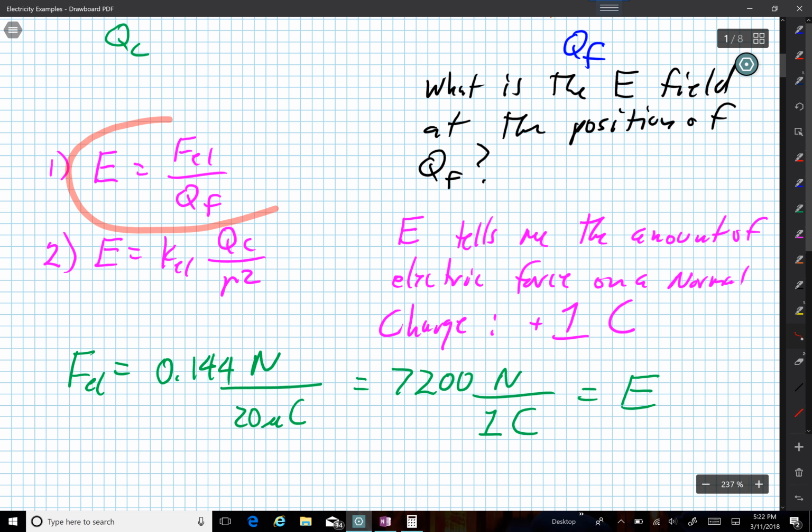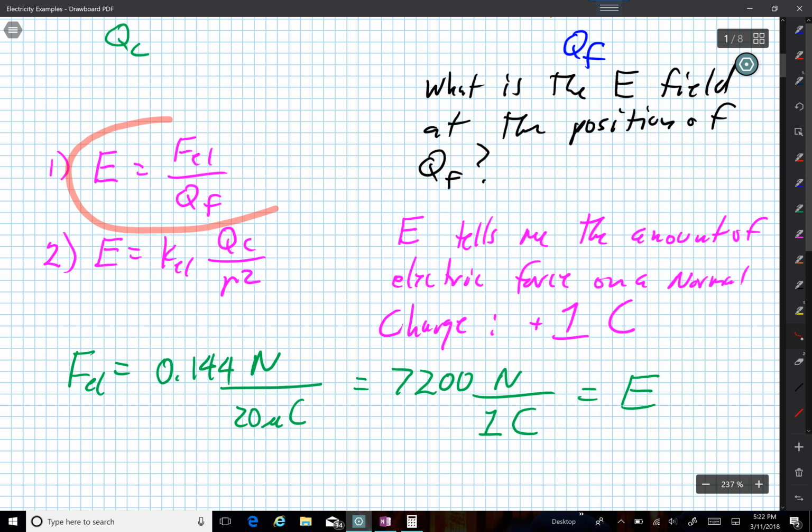So that's 9E9 times 5E-6, that's the 5 microcoulombs. There's the numerator, and then I've got to divide by 2.5, and then again divide by 2.5, that's like squaring, and I get 7,200, which is exactly what I should get. And the units are newtons per coulomb.